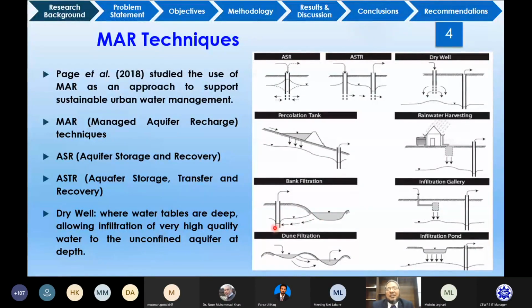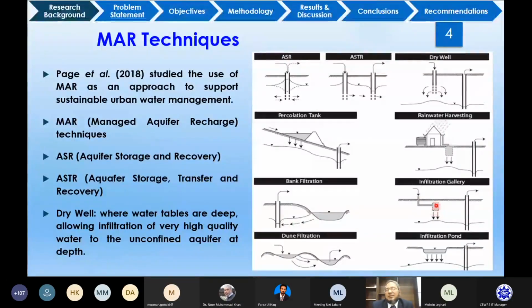In the vicinity of the canals or rivers, if we install pumps, they don't affect the groundwater reserve much, because the water coming through seepage can be used for pumping. And the next are the infiltration galleries.